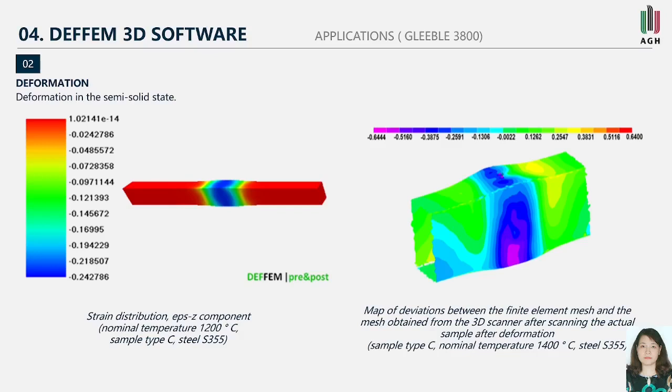The right side presents the map of deviation between the finite element mesh and the map obtained from the 3D scanner after scanning the actual sample. So we can see the numerical model correctly predicts the shape of the deformation zone.